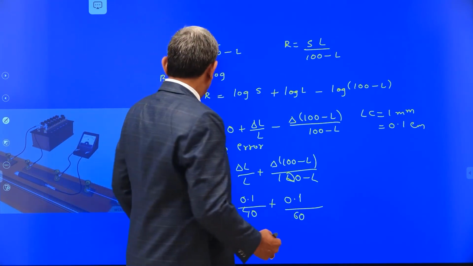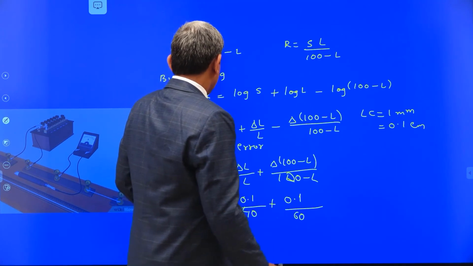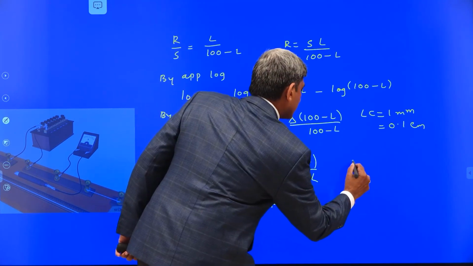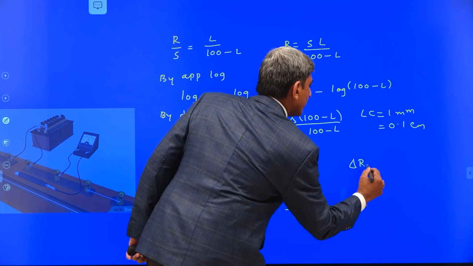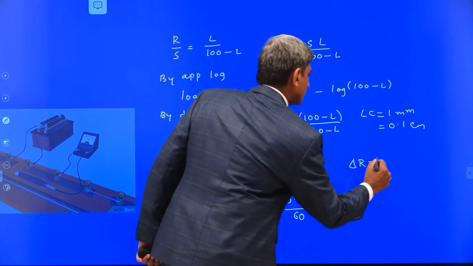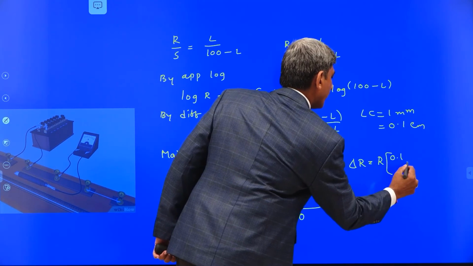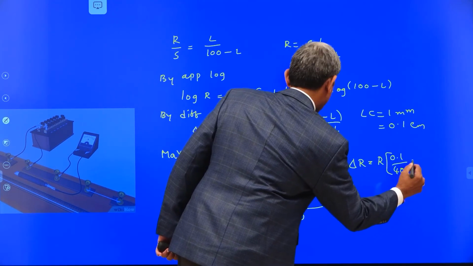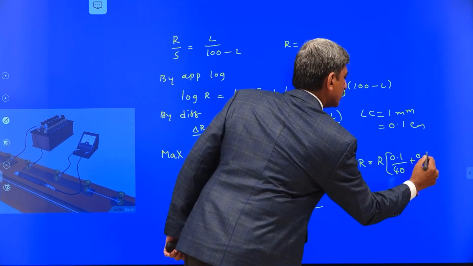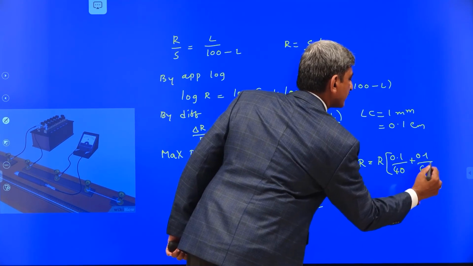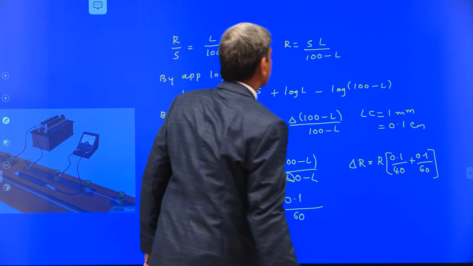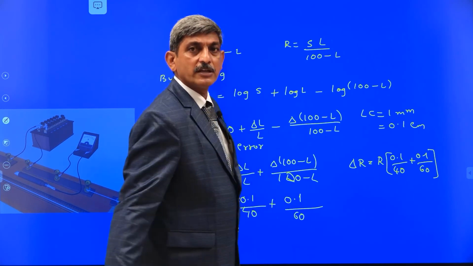Now, by taking R to that side, we have delta R is equal to R into (0.1 by 40 plus 0.1 by 60). Here we already measured the resistance value.